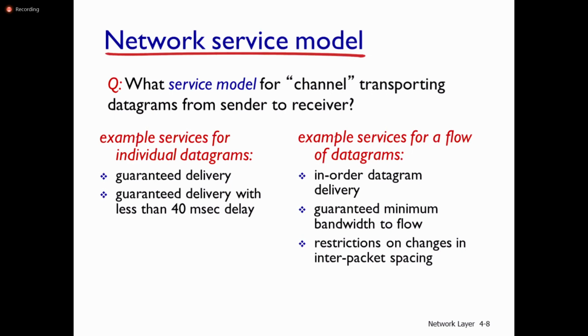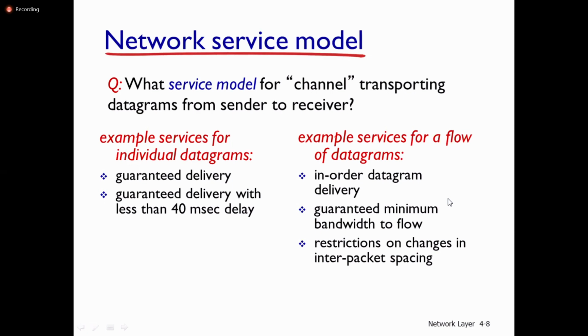Example services for individual datagrams, which is a connectionless service, include guaranteed delivery with less than 40 milliseconds delay. In the case of example services for a flow of datagrams, there is in-order datagram delivery, guaranteed minimum bandwidth for the flow, and restrictions on changes in inter-packet spacing.